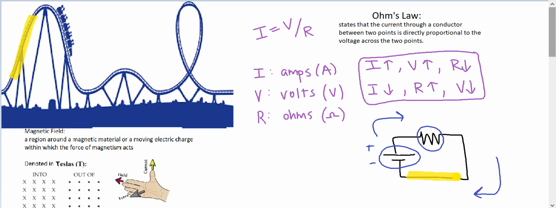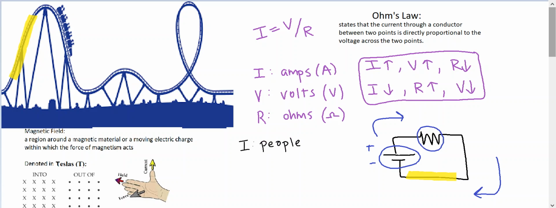We have little people that are riding on the track, which we will call the current. So we will make the current analogous to the people on the roller coaster. And as I mentioned earlier, the volt from the battery is what pushes that current through the wire.